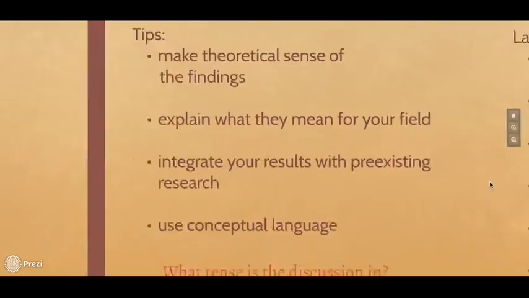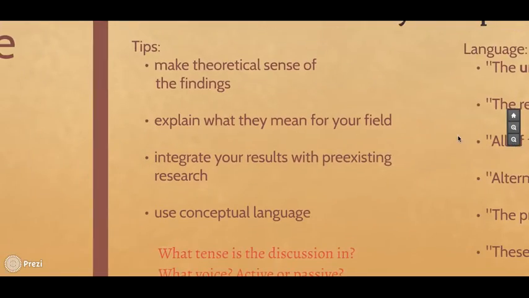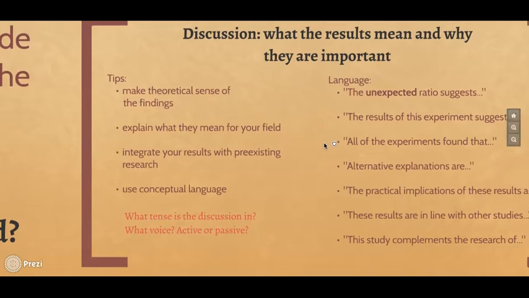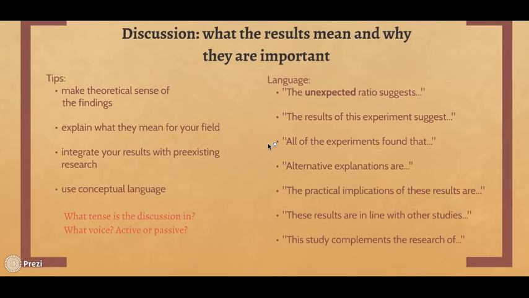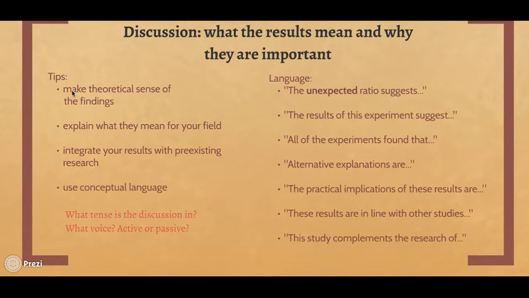So clearly, because the discussion section includes interpretation, the language is going to be a little bit different, and also what you need to do is going to be a bit different. You're going to be making theoretical sense of the findings. You're going to use your theoretical framework to analyze the significance of the results. You're going to explain what they mean for your larger field.